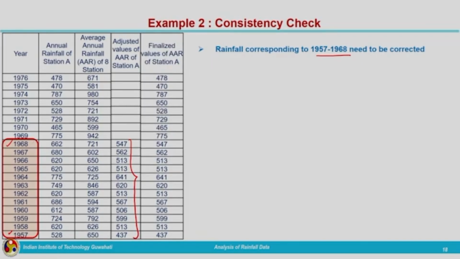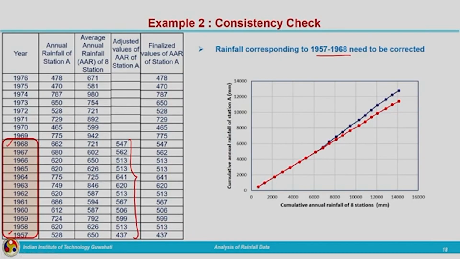Recent data will be maintained as such, and before that, the data which was showing the inconsistency was multiplied with the correction factor. Now, we can plot and see whether it is coming in a straight line or not. You can see with the inconsistent data points we were having the blue curve, and after the correction we have checked that it is coming in the same straight line without showing any change in slope.